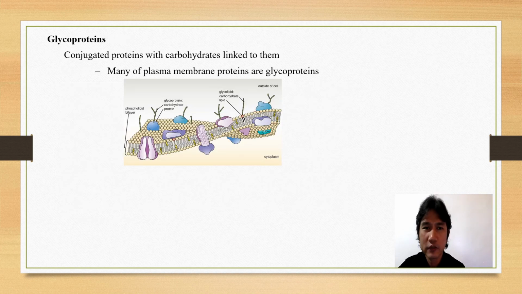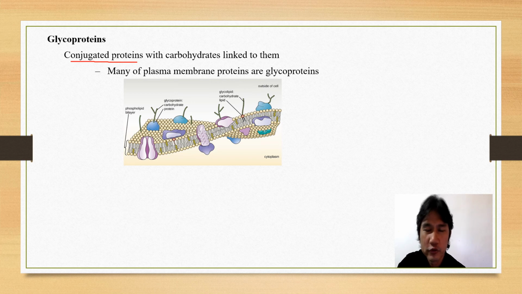Now let's go to other kinds of protein. These are protein derivatives, and there are some of them. Glycoproteins. These are conjugated proteins. Remember, I said earlier, conjugated proteins have prosthetic groups.